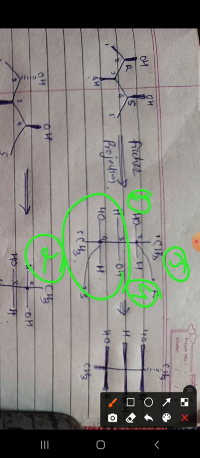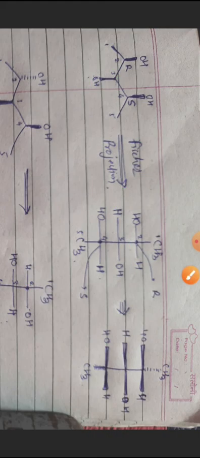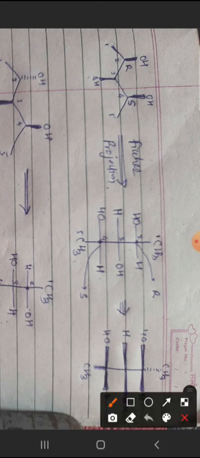After giving priorities, we have to rotate according to priority 1, 2 and 3. How is the rotation shown? It is anti-clockwise, and anti-clockwise means S configuration. But our fourth priority group is at the horizontal position, so S changes to R. So R is satisfied.